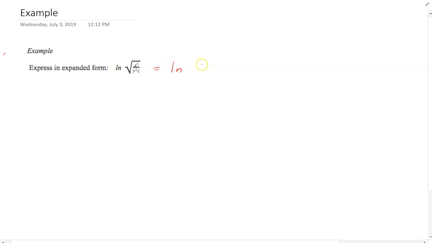So we have ln of x to the 5th power over y to the 2nd power z, and all of that is raised to the 1/2.